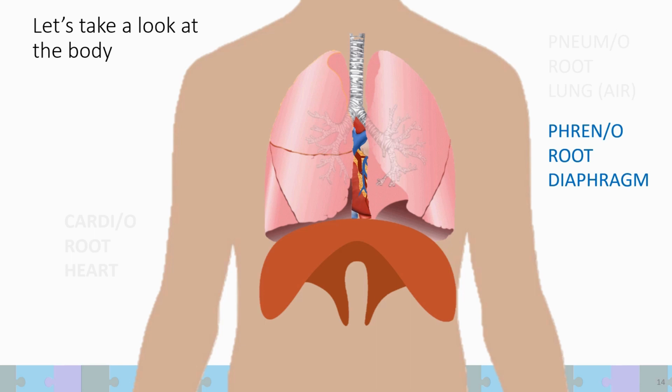The root term for the diaphragm is phreno. Remember when we talked in Unit 2 about the PH letters going together? PH together sounds like an F sound in the English language, so this is pronounced phreno. It refers to that muscle that helps us breathe, but it also separates our thoracic chest area from the abdomen or the stomach region.